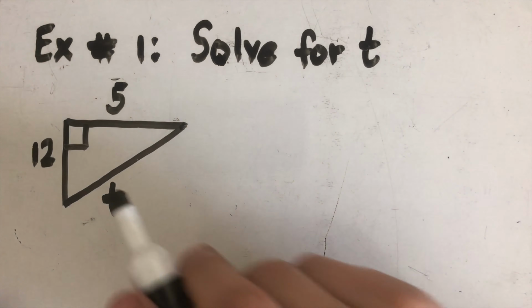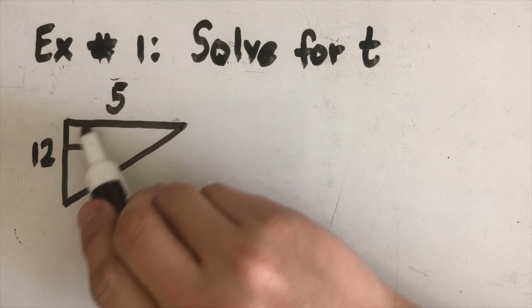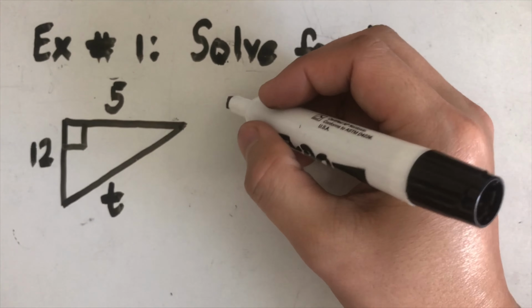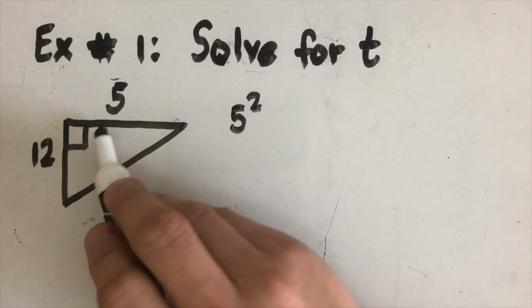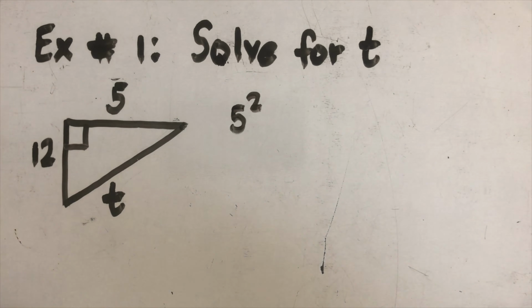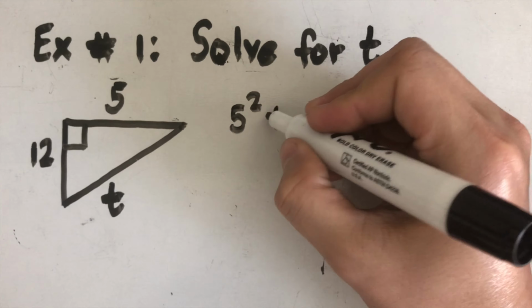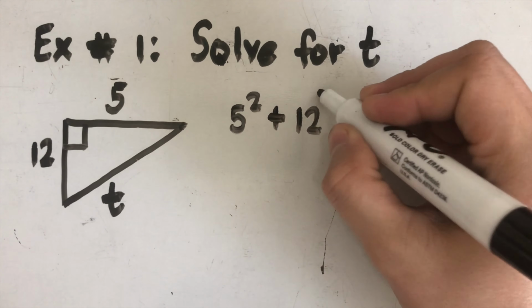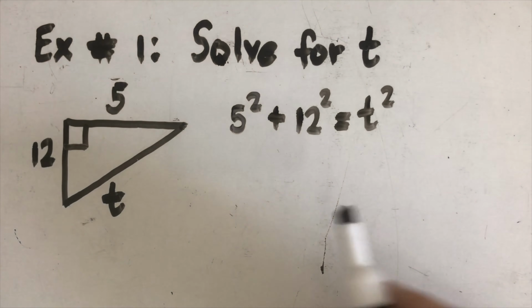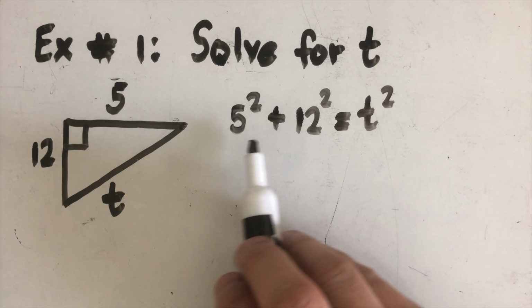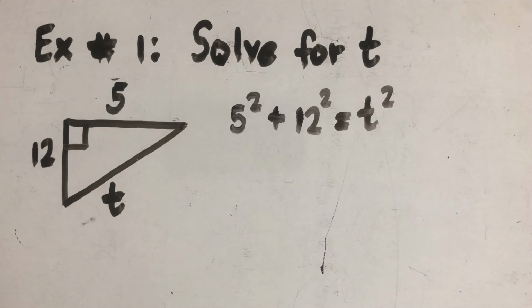The two legs are the ones connected at the small square. So that would be 5 squared. You can write either of the two legs first, it doesn't matter. So 5 squared plus 12 squared equals t squared. Again, you can switch the 5 and the 12 around, it doesn't matter.